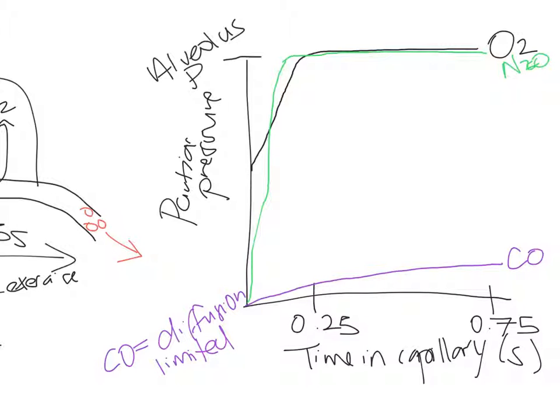Thus, we can say for nitrous oxide that the amount of this gas taken up by the blood depends entirely on the amount of available blood flow and not at all on the diffusion properties of the blood-gas barrier. Therefore, we say nitrous oxide is perfusion limited.